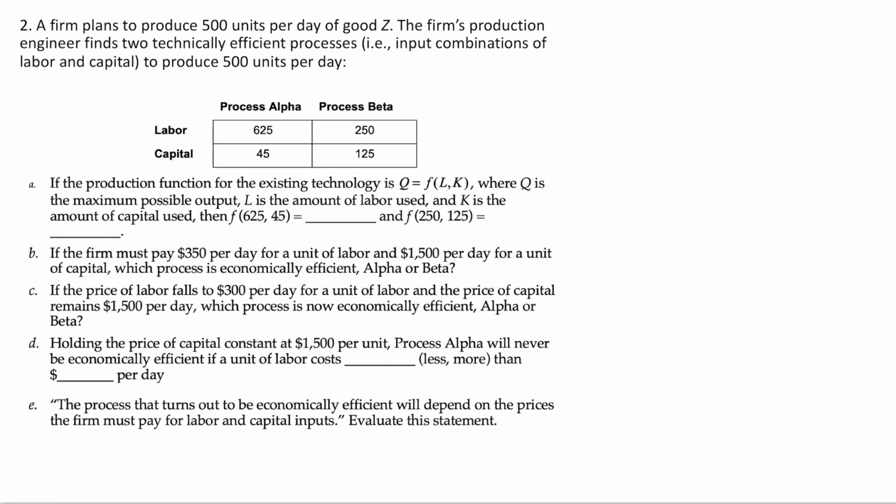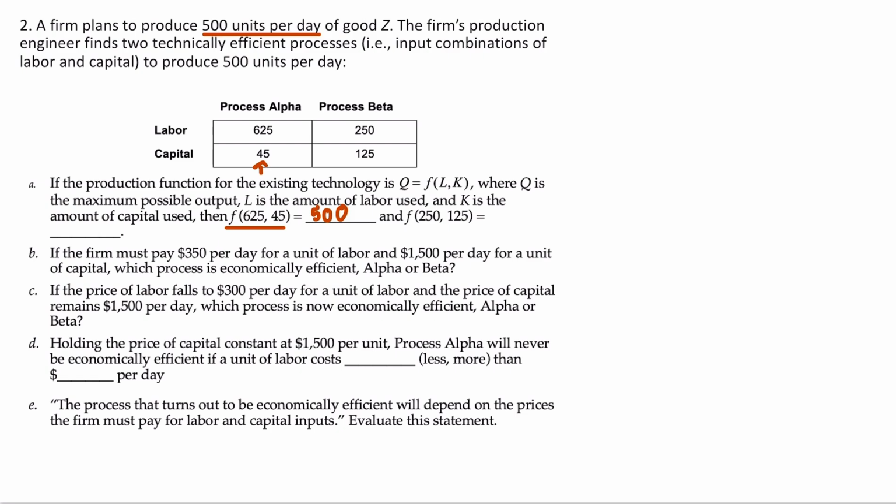So this question says a firm plans to produce 500 units per day of good Z. The firm's production engineer finds 2 technically efficient processes, input combinations to produce 500 units. If the production function for existing technology is Q equals a function of L and K, then this combination is coming from this, which means it will produce 500 units of output.